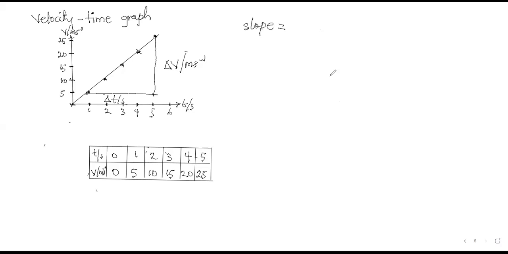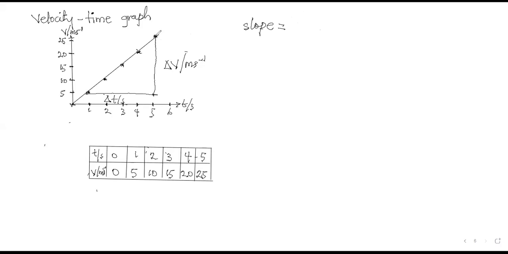What's the gradient? The slope is 5 meters per second. Anybody else? Are you sure? Watch again. Frank, what did you get as a slope? 5 meters per second squared. The unit is very important, so let's confirm.